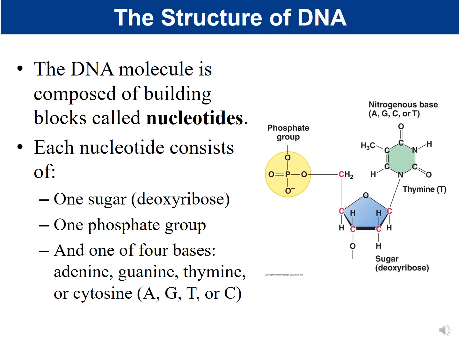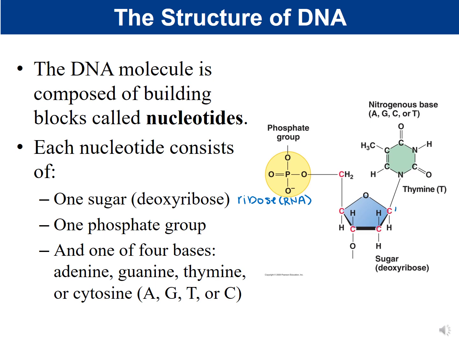Again, we'll talk about differences between DNA and RNA in just a minute. So just to review, the building blocks of DNA are referred to as a nucleotide, and each nucleotide has 3 parts. It has a sugar, and the sugar is deoxyribose in DNA, or ribose in RNA. So we have our pentose, our 5-carbon sugar.